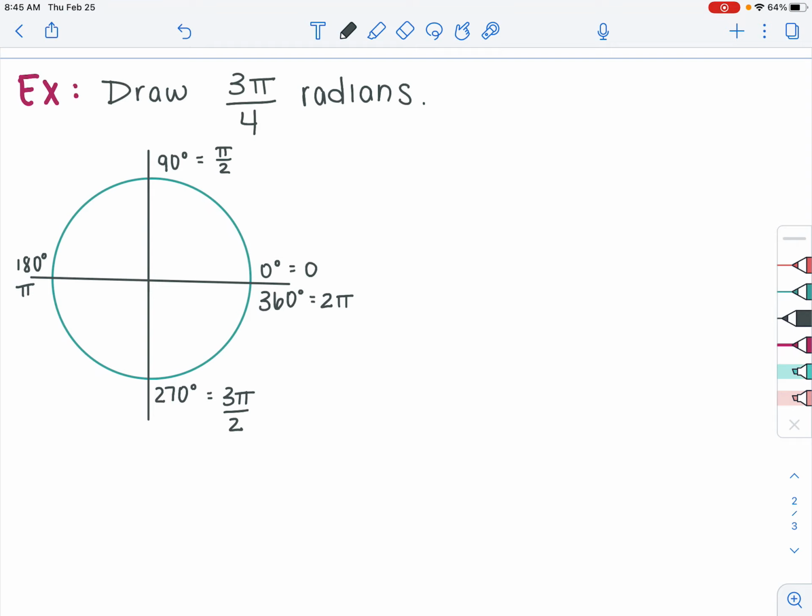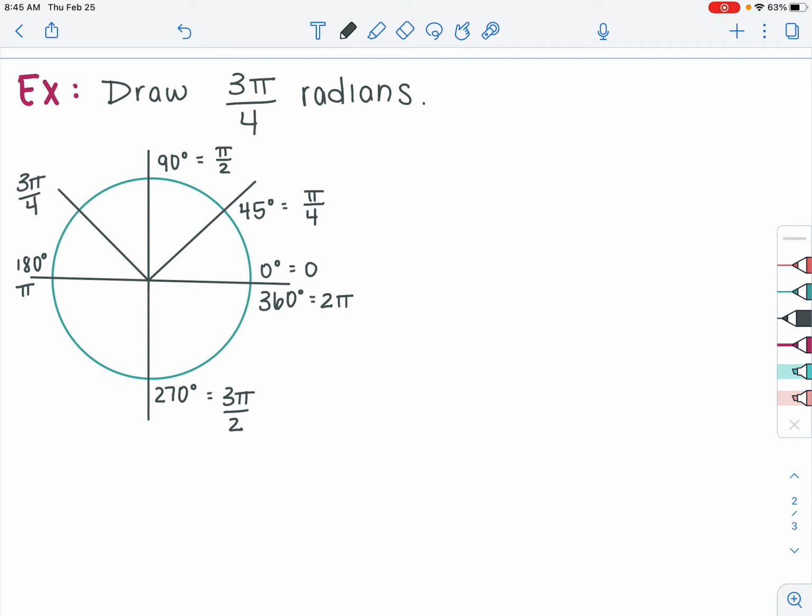So my pi over 4, or my 45 degrees, is going to fall right in the middle of 90 degrees. So this is 45 degrees, and it's equivalent to pi over 4, because it's half of pi over 2. So if I wanted 3 pi over 4, I'm going to end up in the second quadrant.